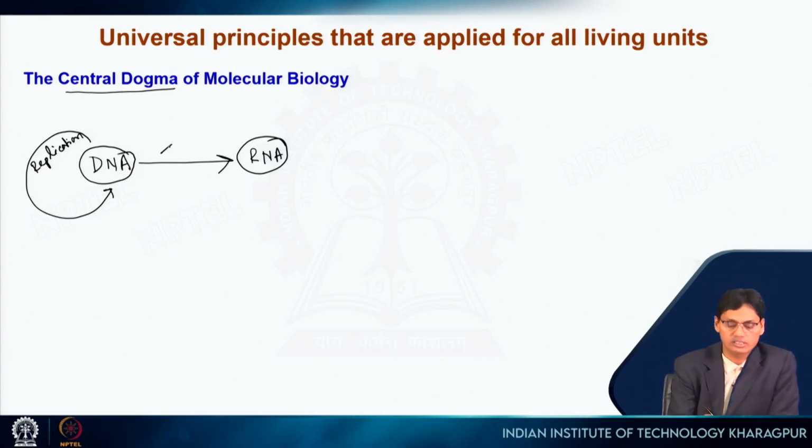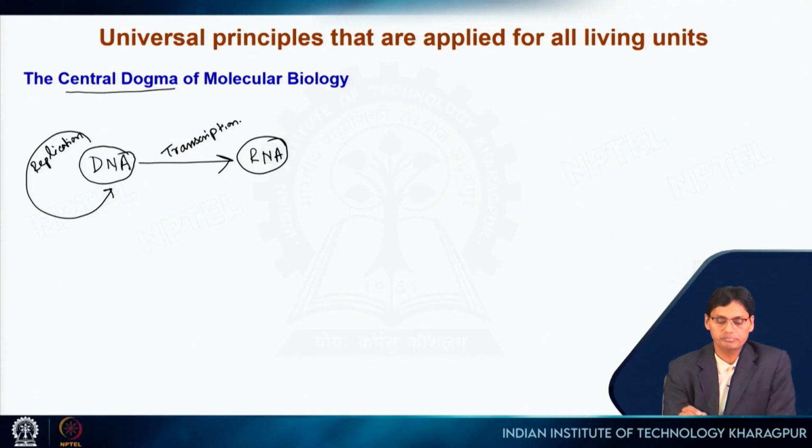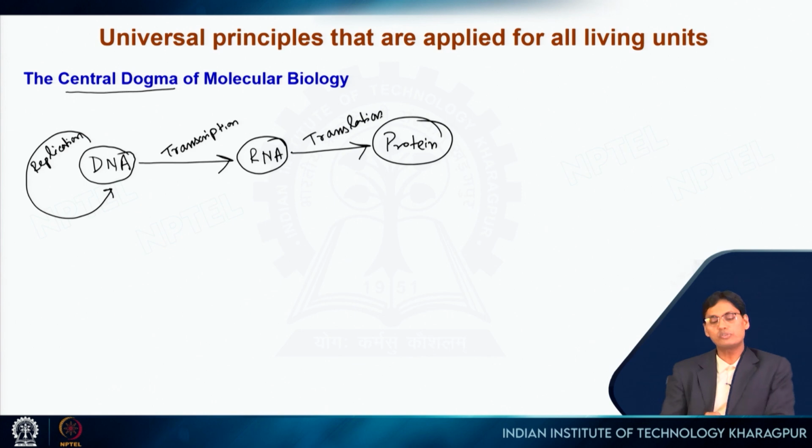This process is called transcription. And finally, from RNA we get the protein, and this process is called translation. So now if you see, the information flows from nucleic acid to protein.